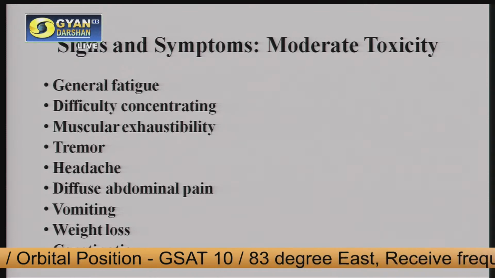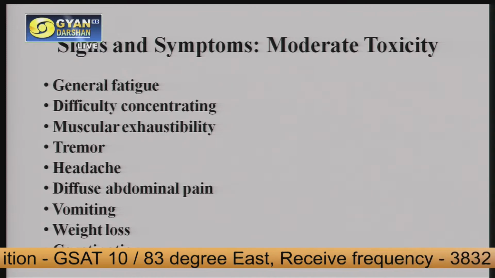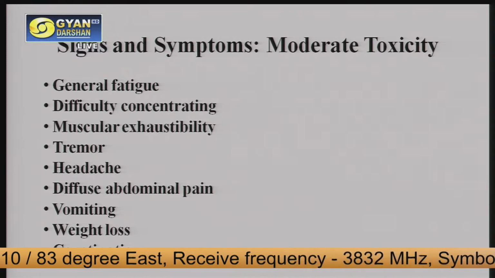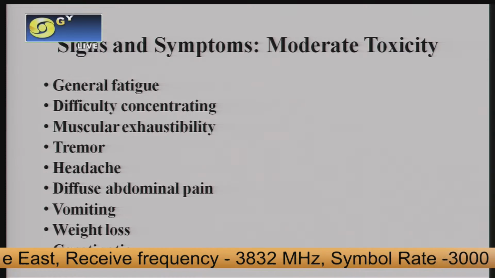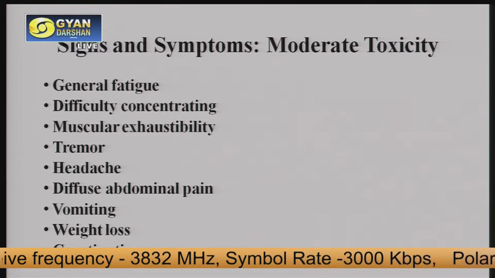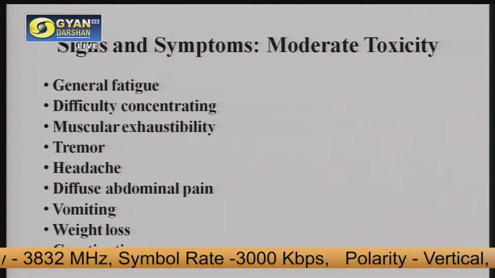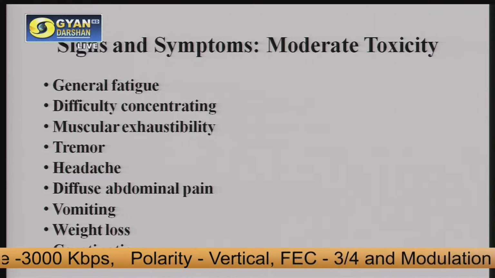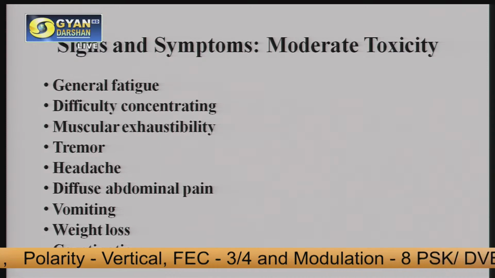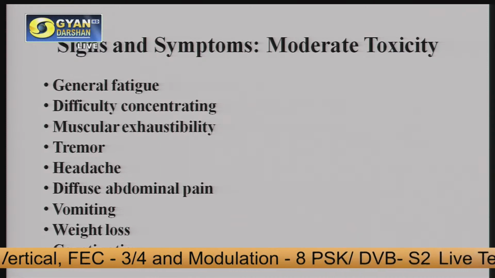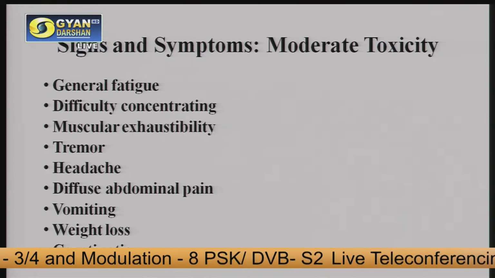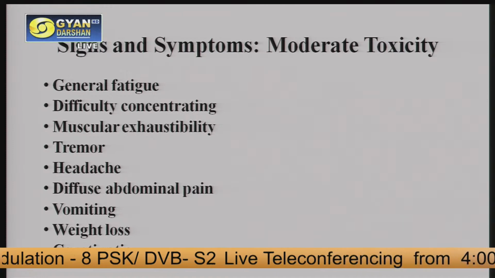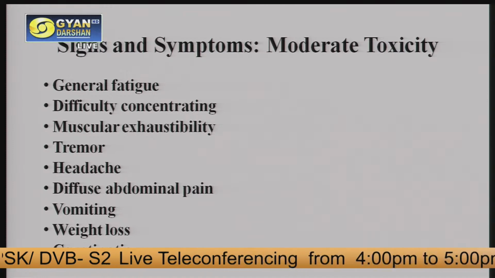In some cases, there are patients who will come with all the signs and symptoms of anemia, and then we investigate them for anemia, and then incidentally we discover that there is lead toxicity. So these are some of the signs and symptoms that people who are chronically exposed to moderate levels of lead exhibit.